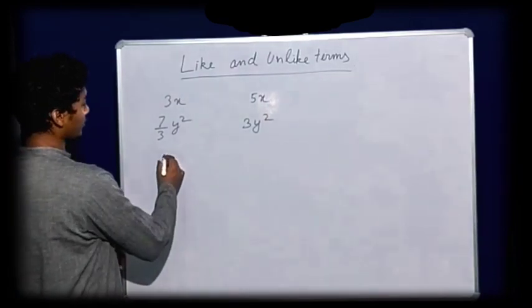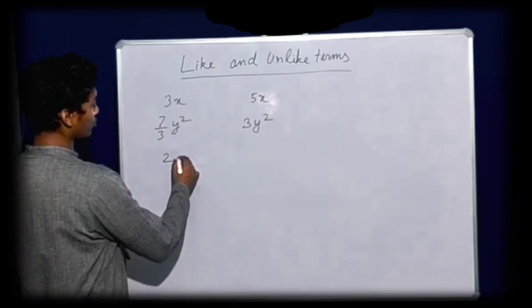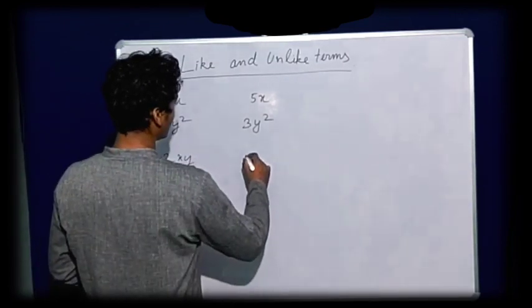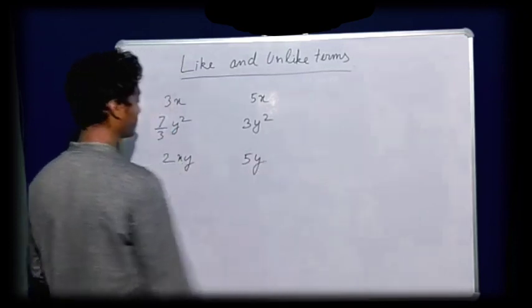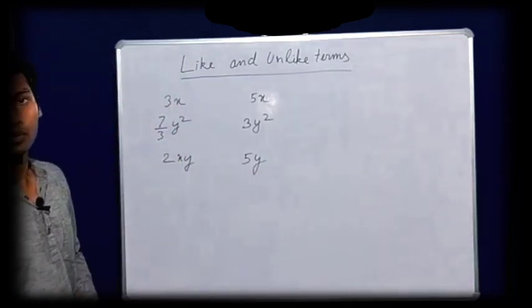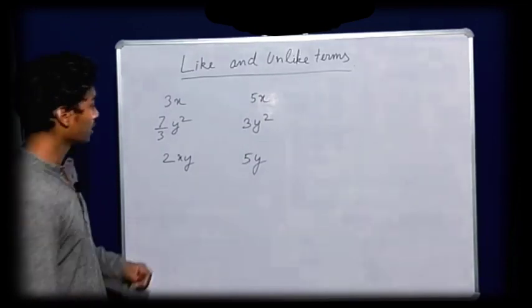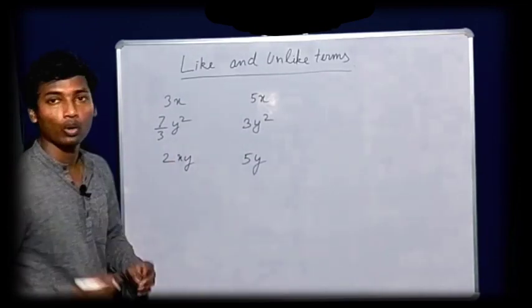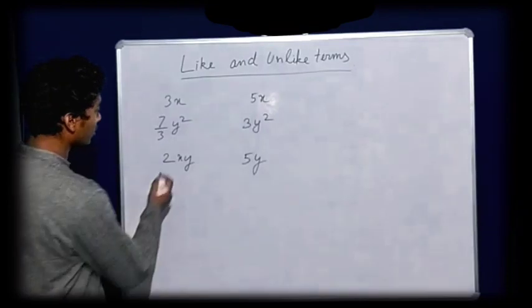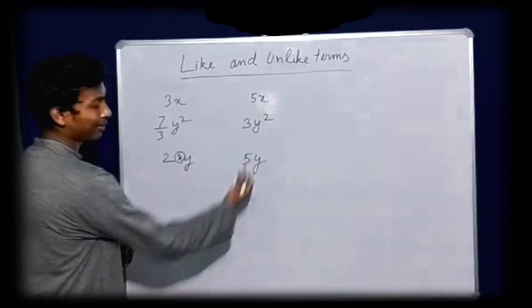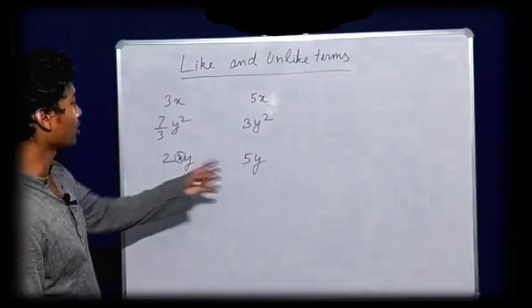Let's take 2xy and 5y. Are they like terms? No, they cannot be like terms. They have to have the same variable part. So here we have x extra, here we do not have x, so they are not like terms, they are unlike terms.